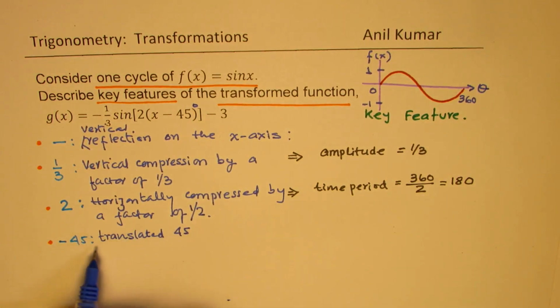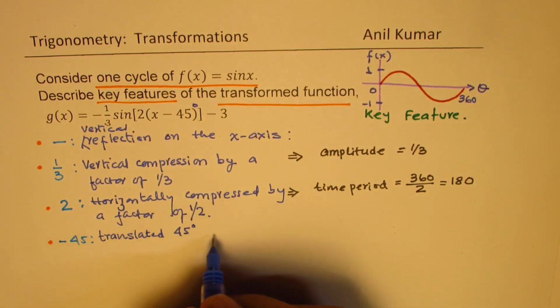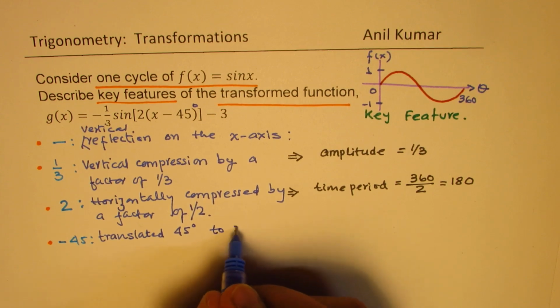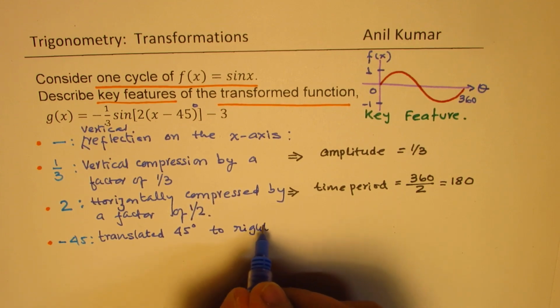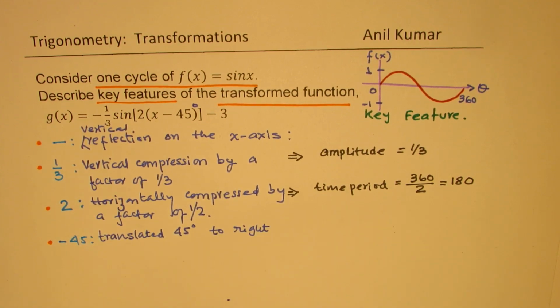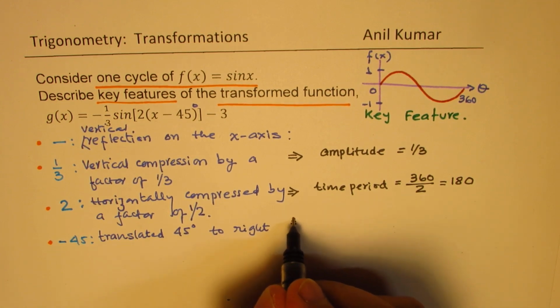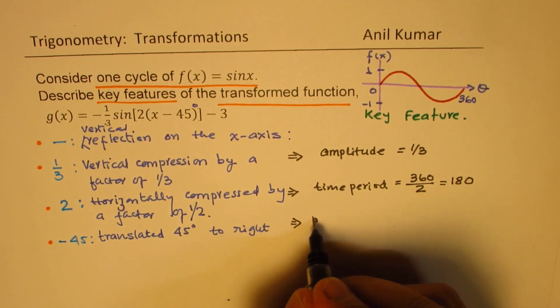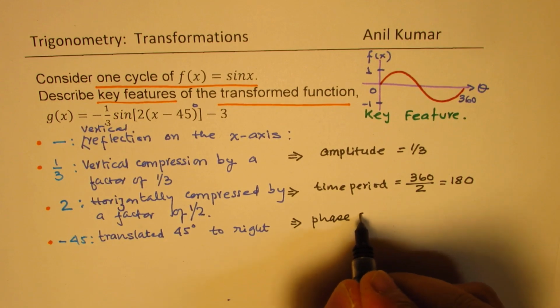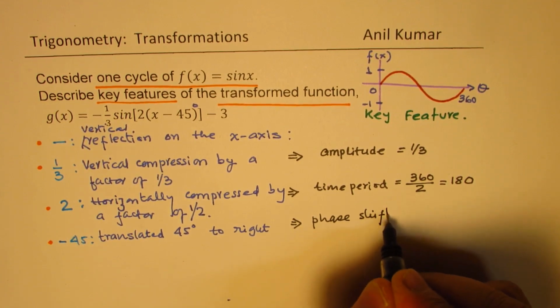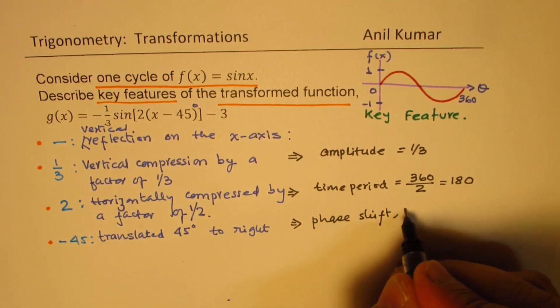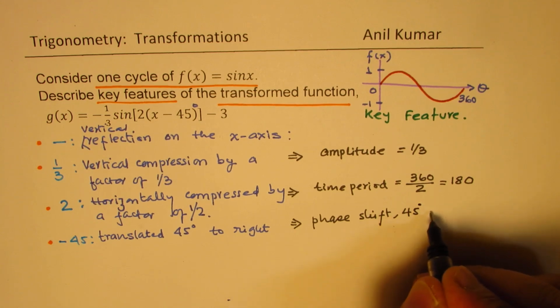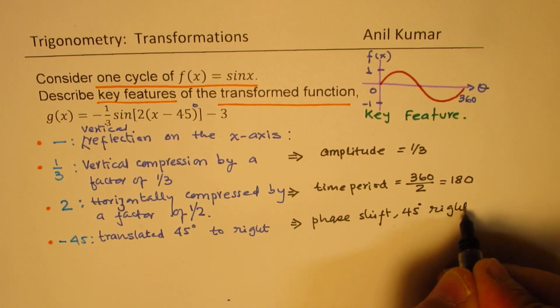So it is translated 45 degrees to the right. Now what will that affect? That is the phase shift: 45 degrees right. Is that clear to you, right?